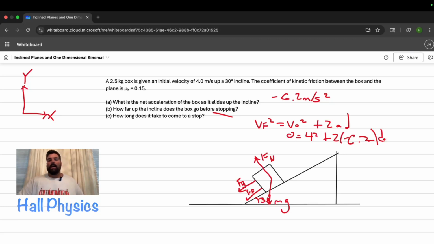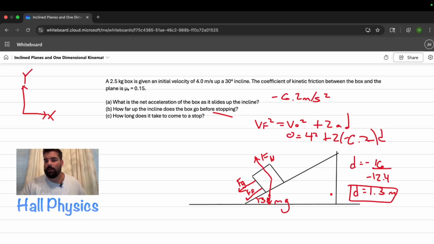So we're going to have d is equal to negative 16 divided by negative 12.4. And that answer will give us 1.3 meters.